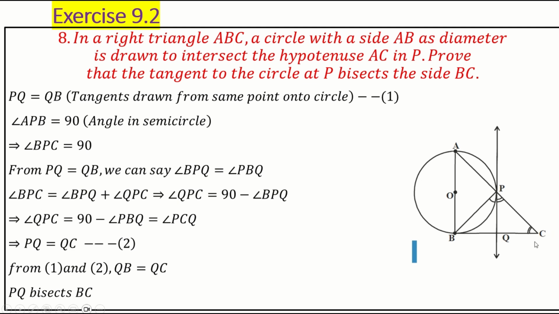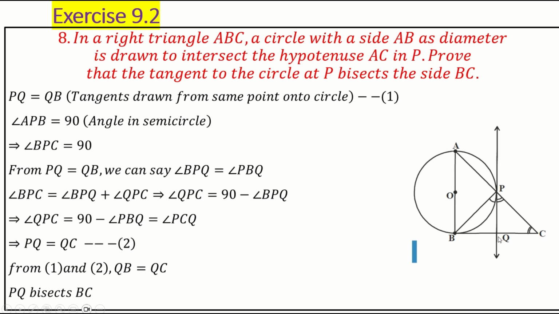Angle BPC can be written as angle BPQ plus QPC. Correct? Sum of these two angles, angle BPC. Now, that implies QPC equal to 90 because this total is 90 degrees, we know, 90 minus BPQ. QPC is 90 minus BPQ.